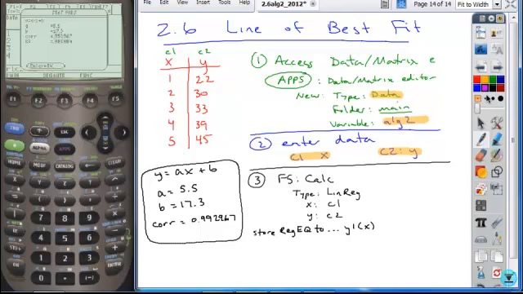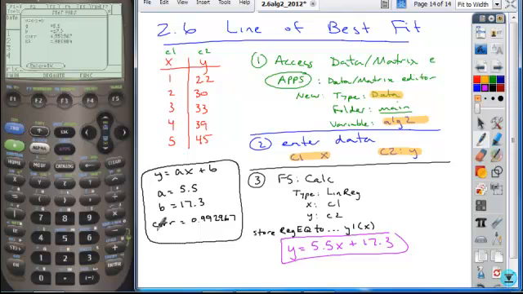The way that you interpret this is the solution, or the line of best fit, is simply going to be these numbers plugged in for the variables a and b. So our answer for this is y is equal to 5.5x plus 17.3. This is the equation of our line of best fit for this data set.